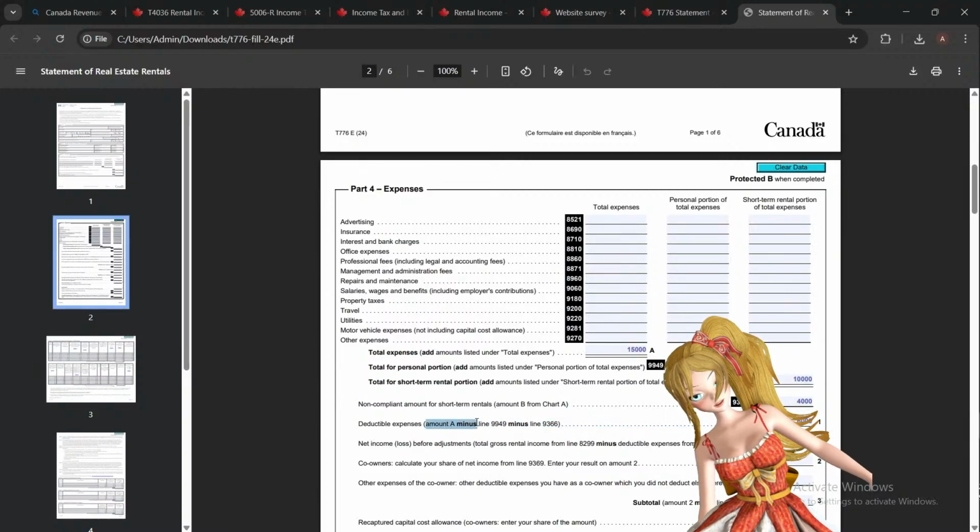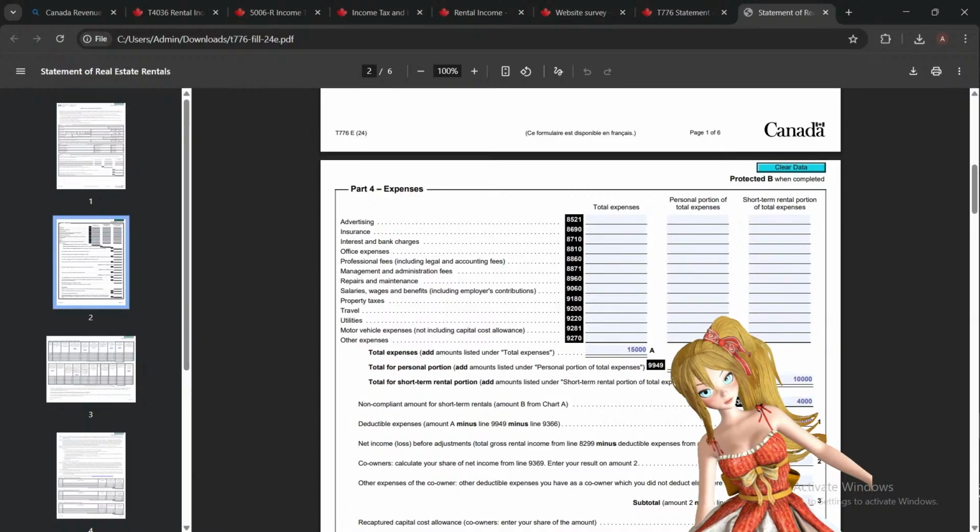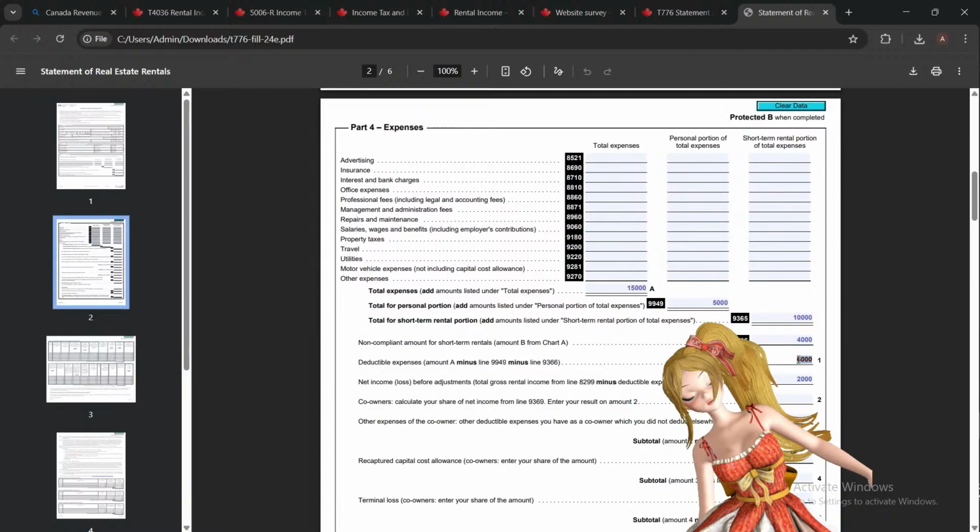No. Okay. 15,000 minus the portion that I'm in, 5,000, so that's 10,000 left, minus the amount they skimped on, 4,000, is 6,000 deductible. Why is it 6,000?